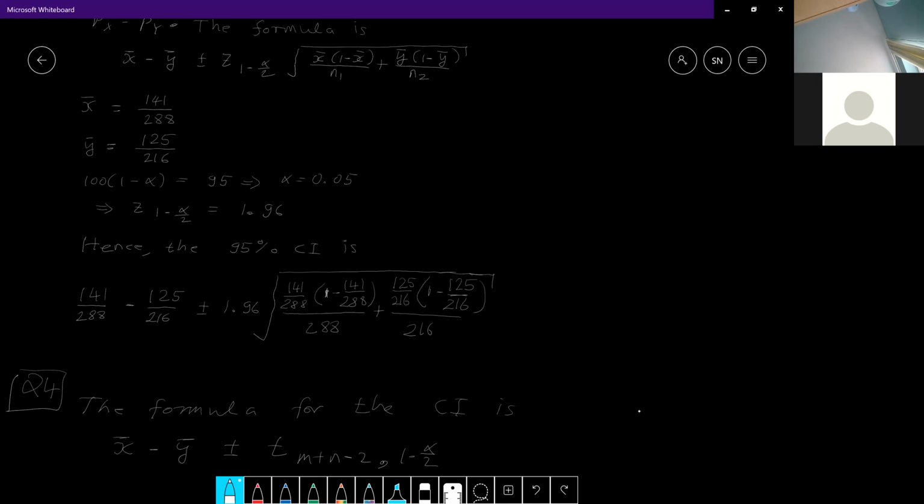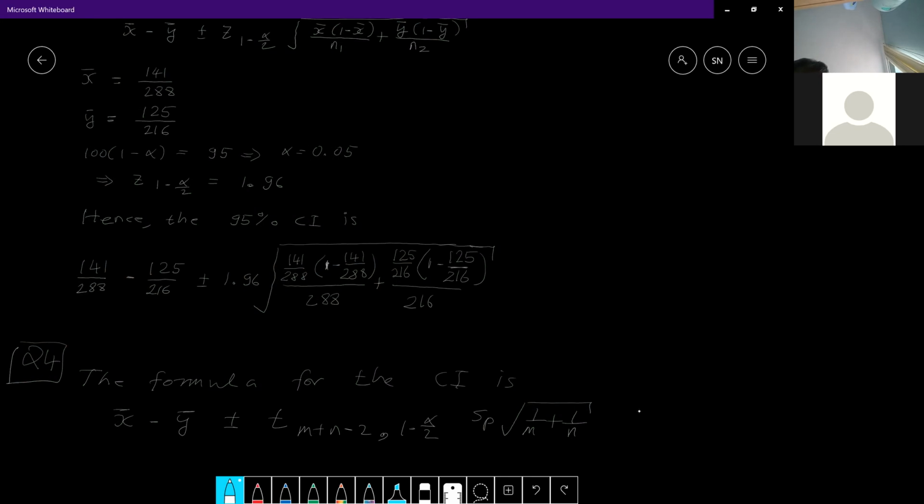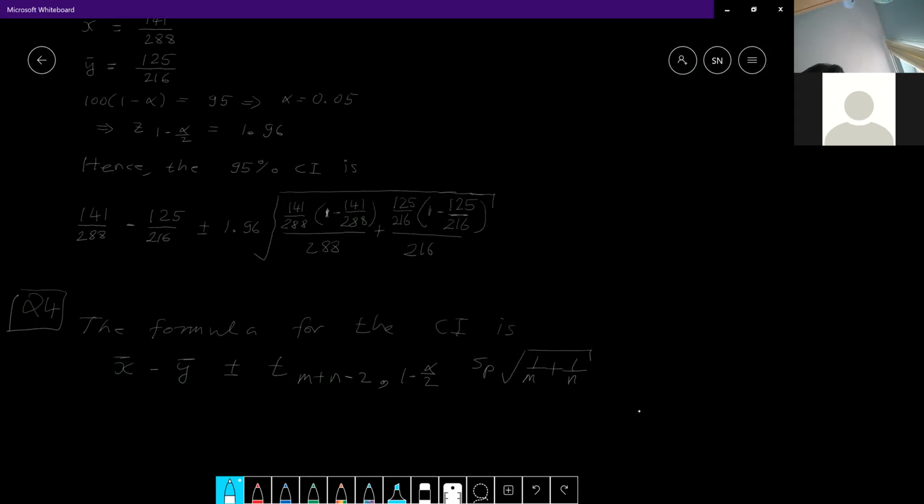This is the SP. This is according to the notation in my printed notes or the scan notes. This is the formula you need to use to find the confidence interval, right? Now, if you go back to the question, let's see what X bar and the other quantities are.